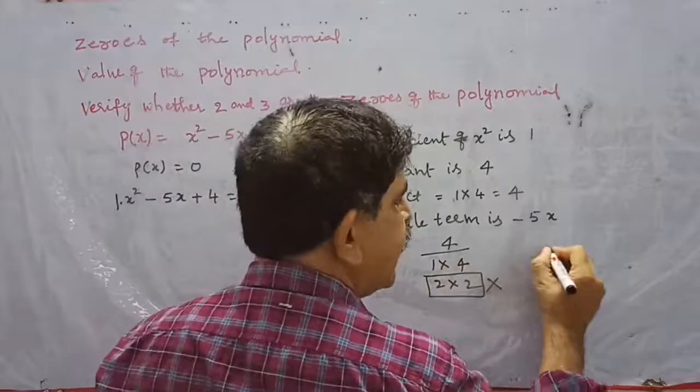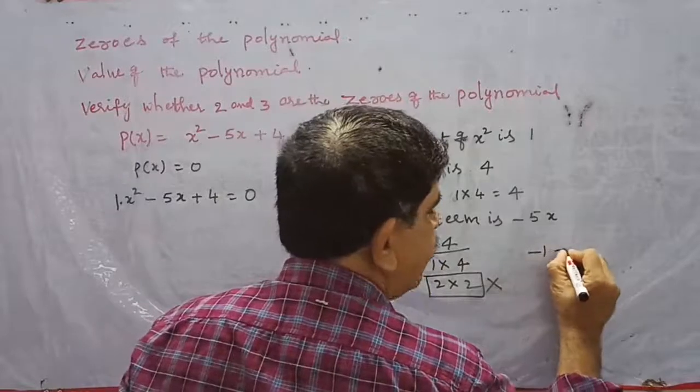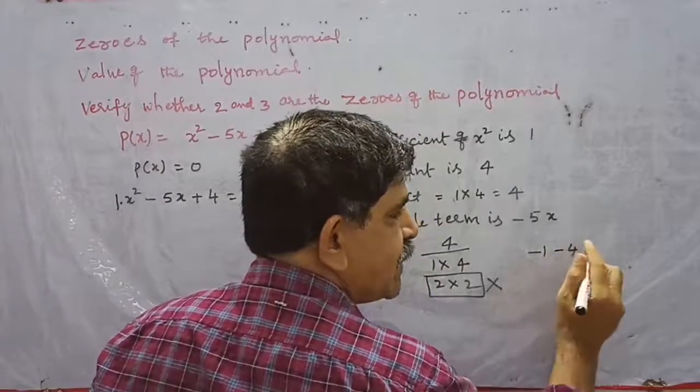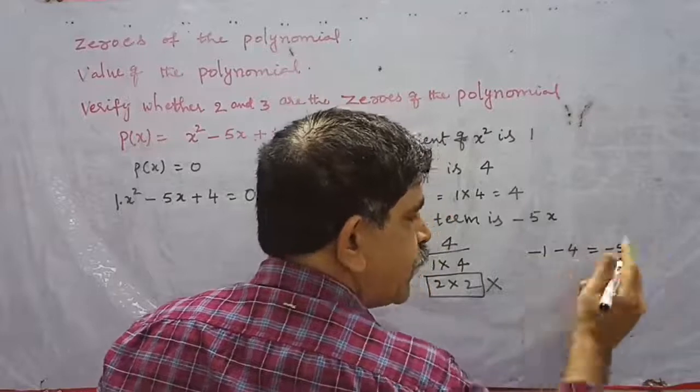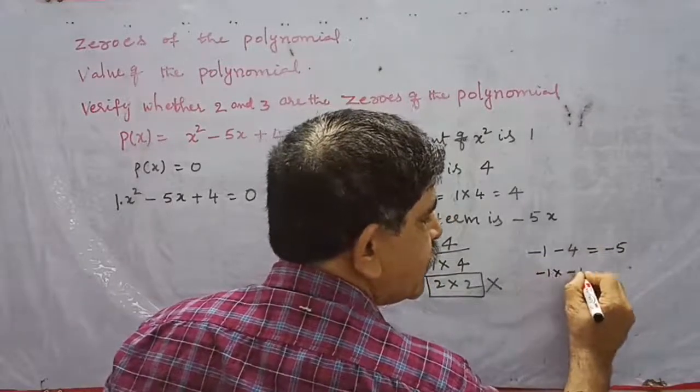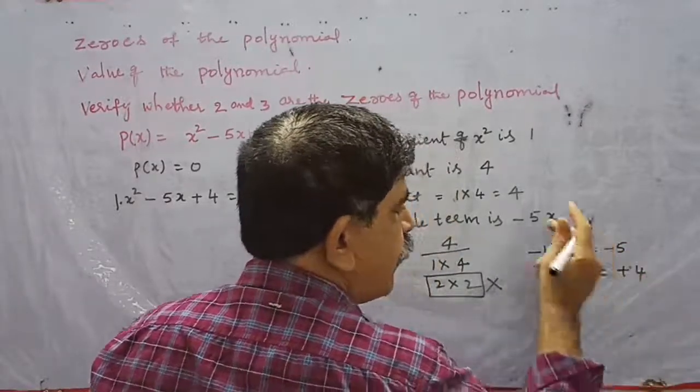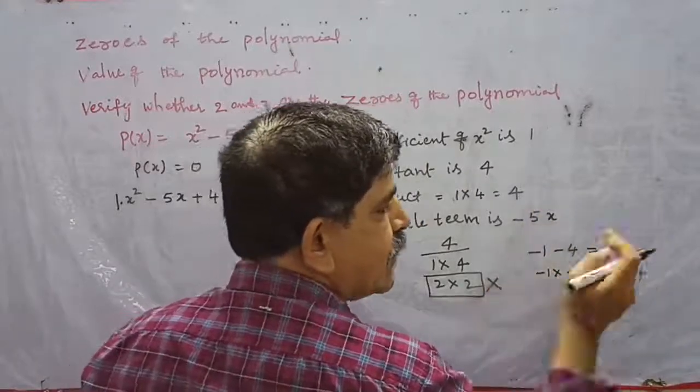Suppose if you are taking minus 1 and minus 4, minus 1 minus 4 minus 5, product minus 1 into minus 4 plus 4. So product we are getting and middle term also we are getting.